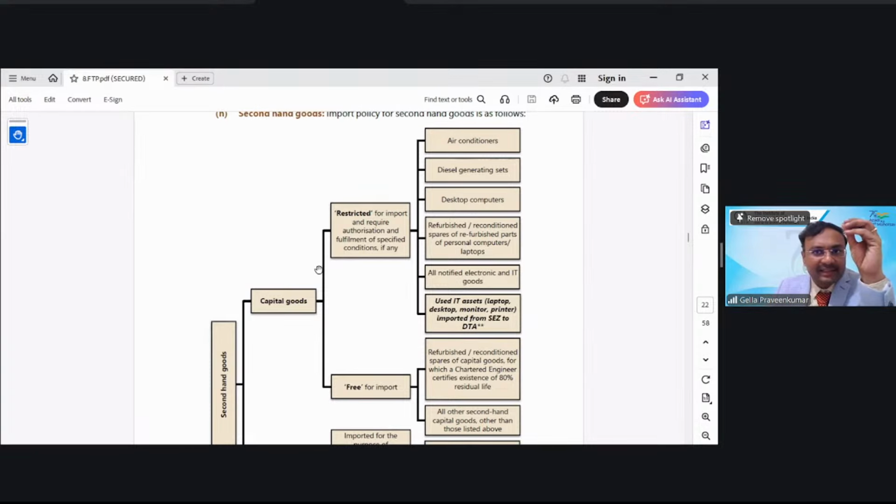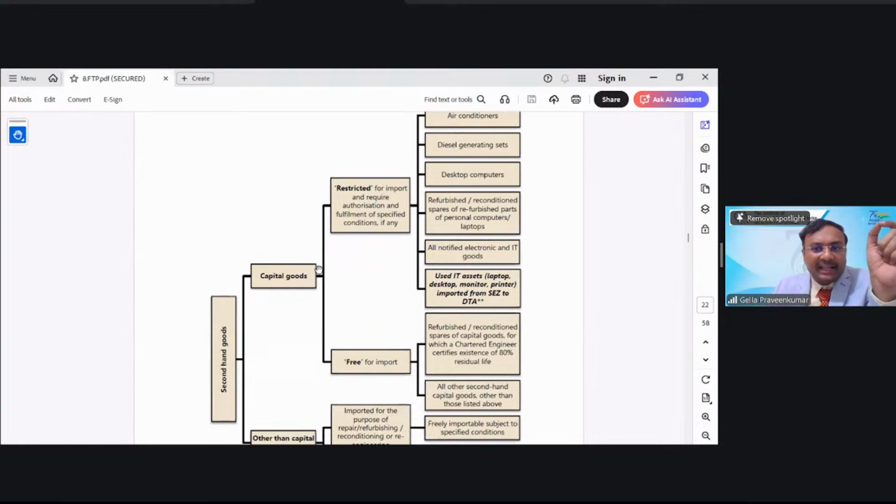So all this AC, DG set, desktop computers, spare parts which are refurbished for computers, no. All notified electronic and IT goods, national interest, they say no. IT assets, that is laptop, desktop, printer, etc., imported from SEZ to DTA. Goods coming to SEZ is okay. So goods coming from SEZ to DTA, they say not okay.